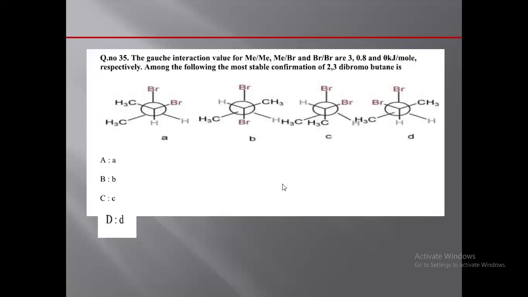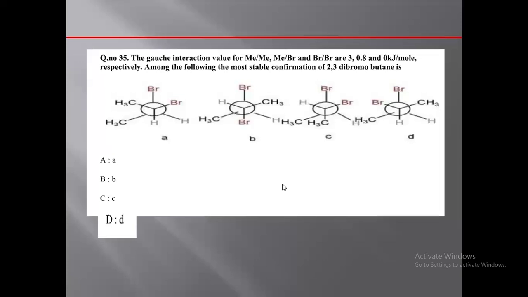Yes. Question number 35. The gauche interaction values for methyl, bromine and bromine are 3.3, 0.8 and 0 kJ per mole respectively. Among the following, the most stable conformation of 2,3-dibromobutane is?